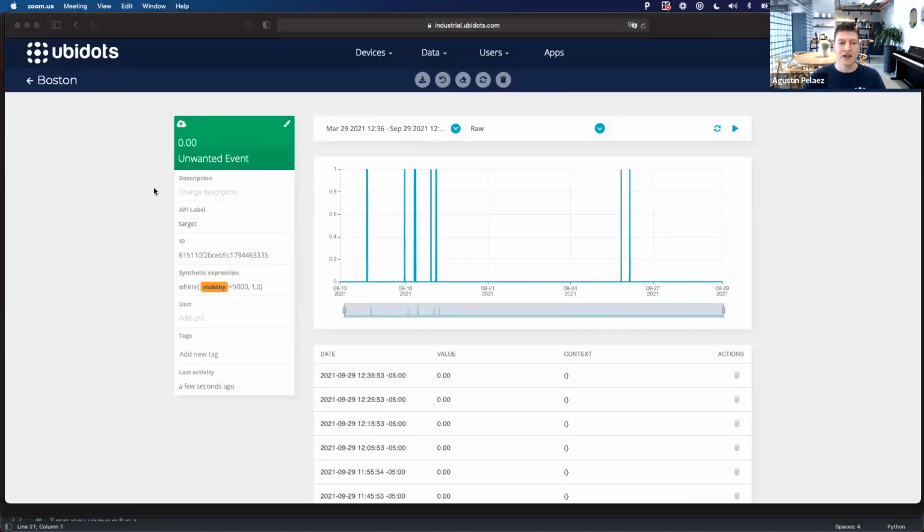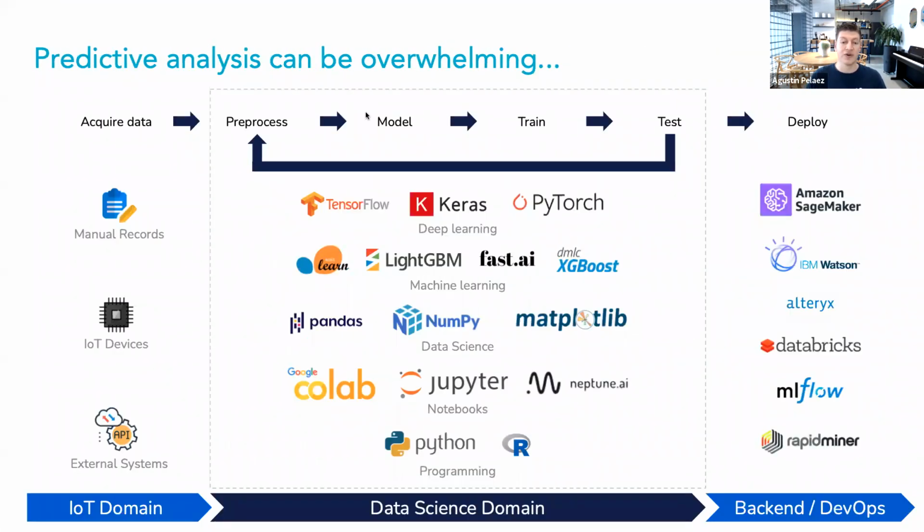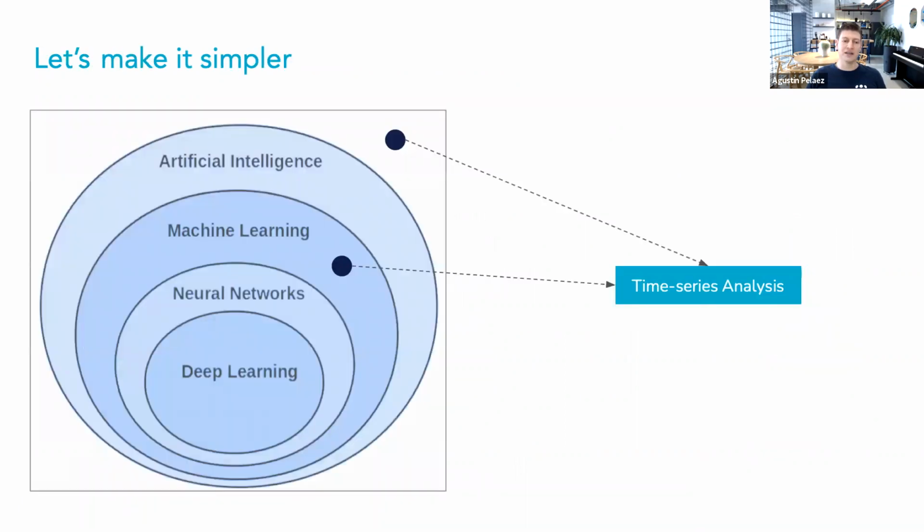So we wanted to use a classification algorithm, which is why we put this variable as simply 1 or 0. Following our example, the process, if you remember this slide: how can we get rid of all this noise that we're not supposed to know about because we're not data scientists, and understand that all of that ecosystem is designed to support AI, machine learning, neural networks, deep learning, and define a closer scope, like, for example, time series analysis.